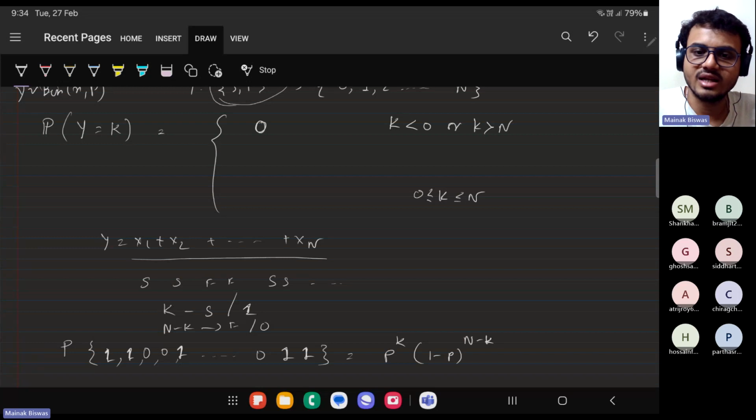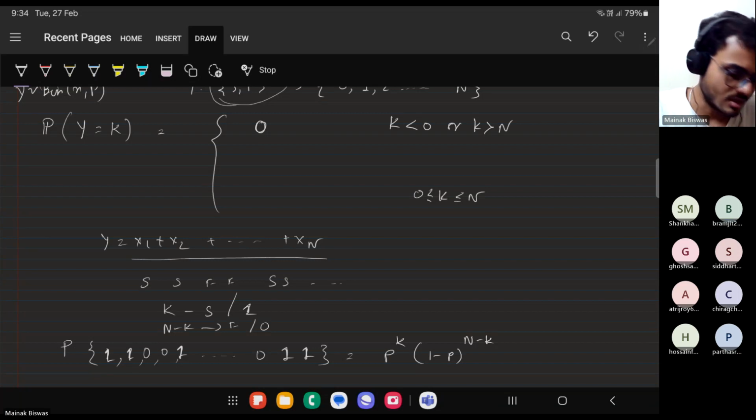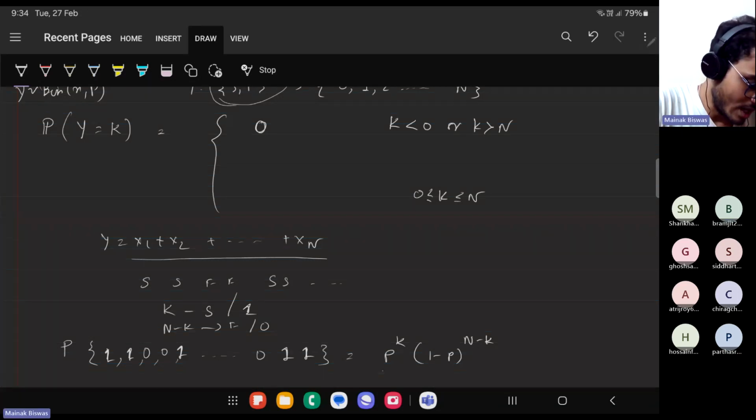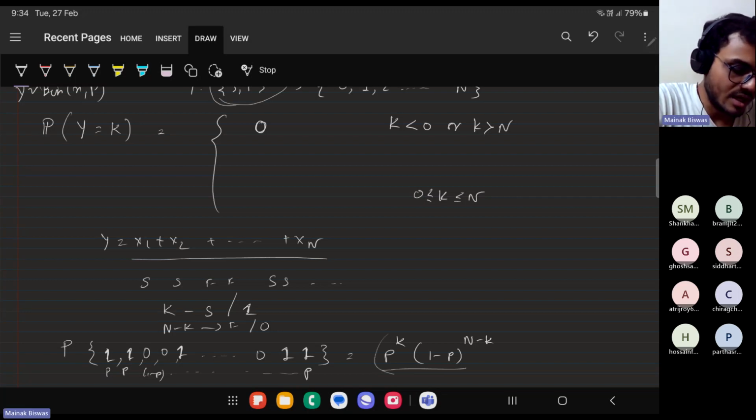They are identical and IID. I hope it is clear. You just multiply p and 1 minus p, as I taught you last day, the law of multiplication. This is your probability.